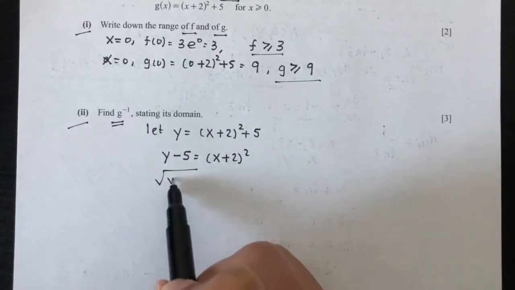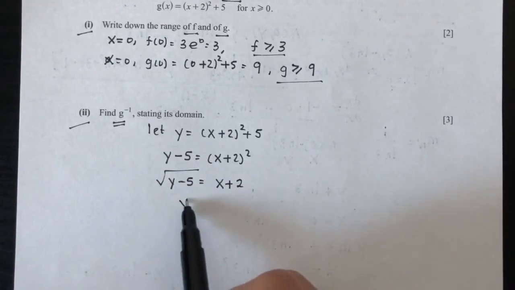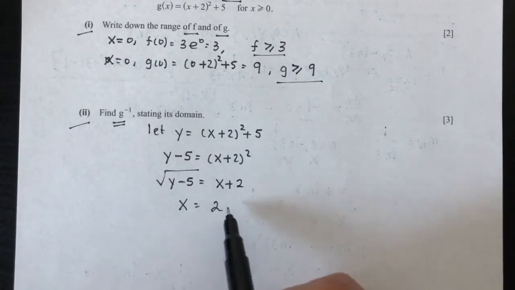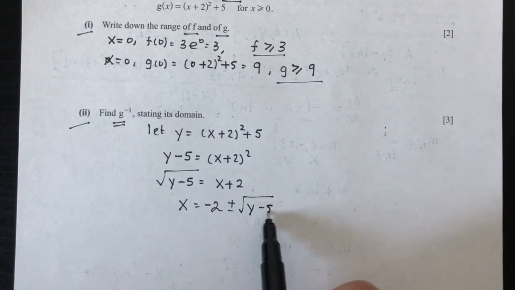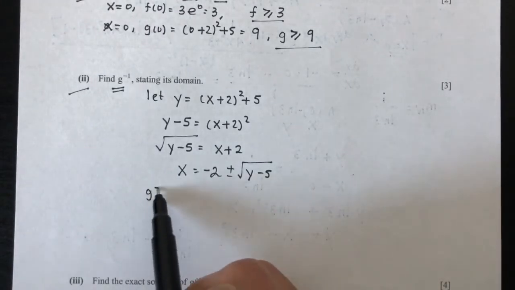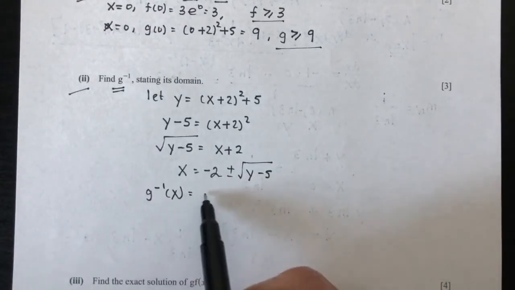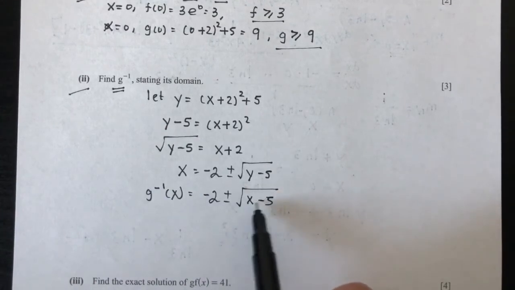You will have this. Then we have x equal to minus 2 plus or minus root of y minus 5. So we have g inverse of x is equal to root of x minus 5.